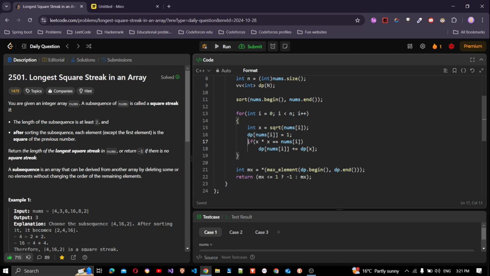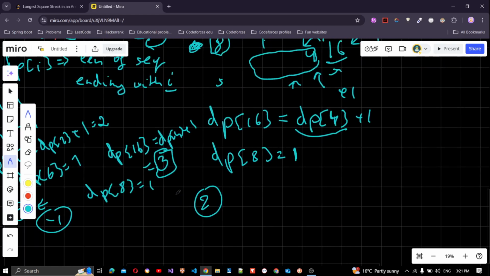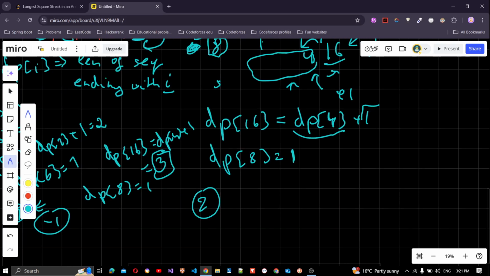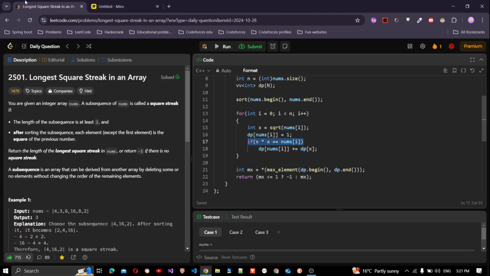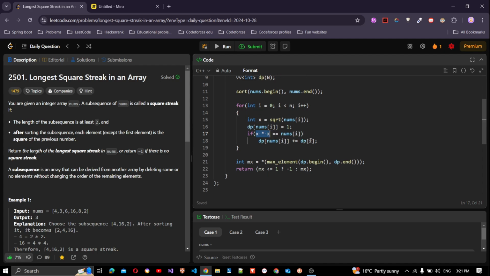And then I check if there is an x. So basically, this one is this one here. So every dp of i always has at least 1. It does not really matter if the dp transition exists or not. So we check if it actually has the square root, so x times x is actually equal to nums i.